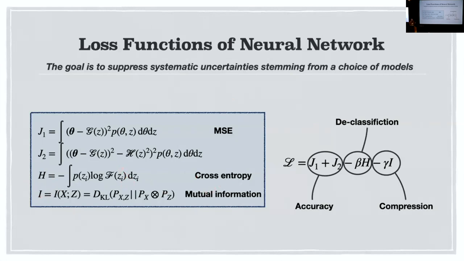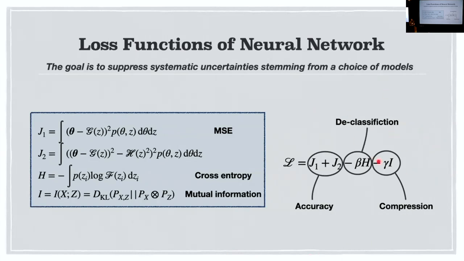Mutual information here is between the latent variables and the simulation data. We're trying to minimize the cross entropy and the mutual information. If I reduce the mutual information between the latent variables, which are the summary statistics, and the simulations, that means we're trying to compress the information.